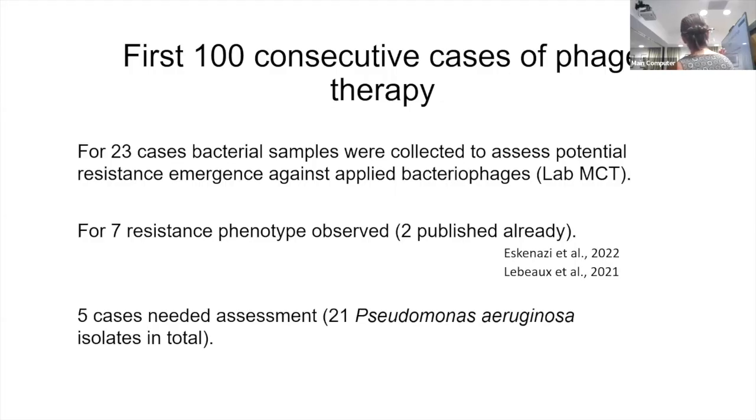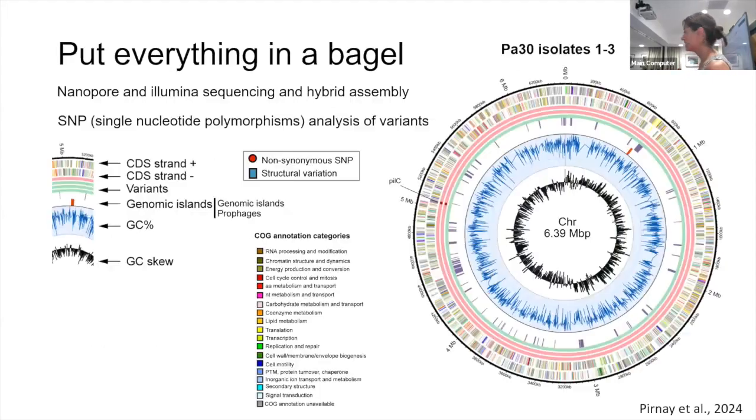For 23 bacterial samples, they saw potential resistance emergence. They assessed 23 cases that had samples. 7 had a resistance phenotype, and 5 cases needed assessment because 2 were already published. That's 21 Pseudomonas aeruginosa isolates.